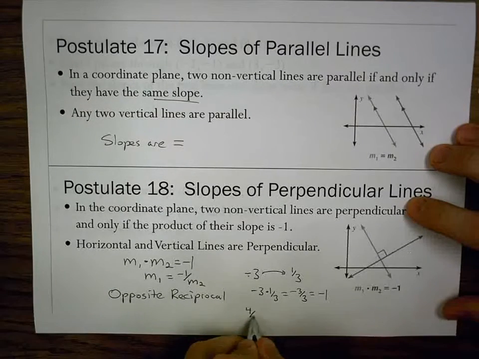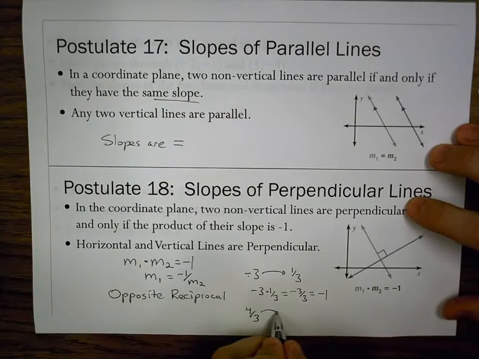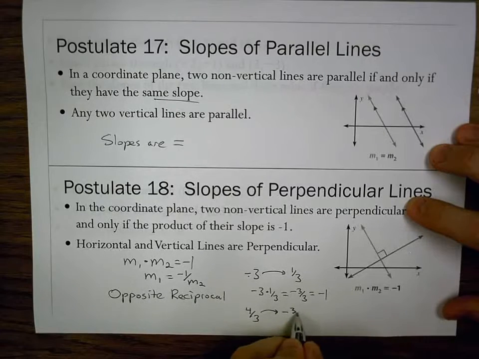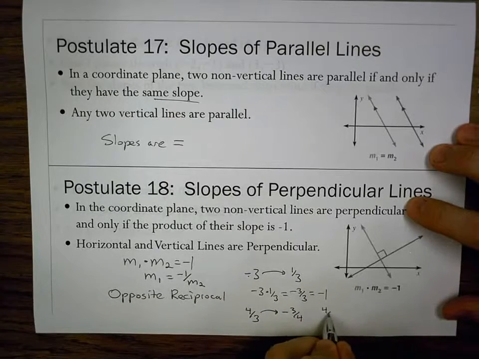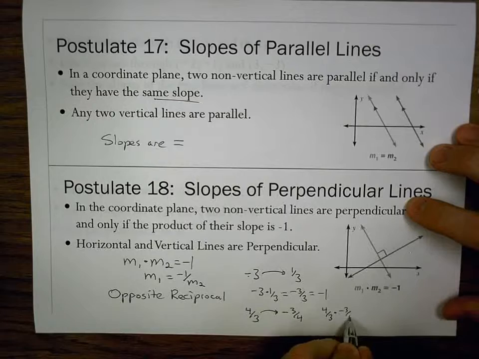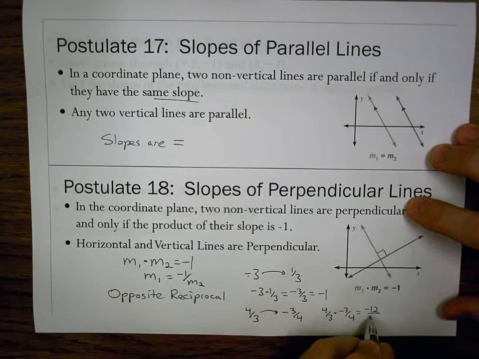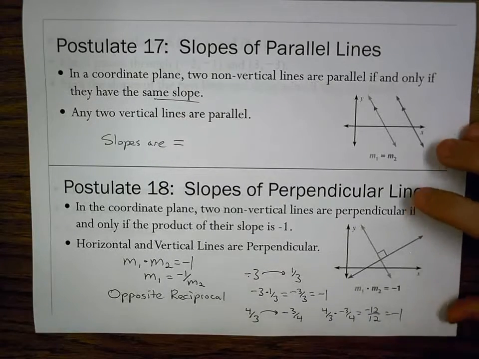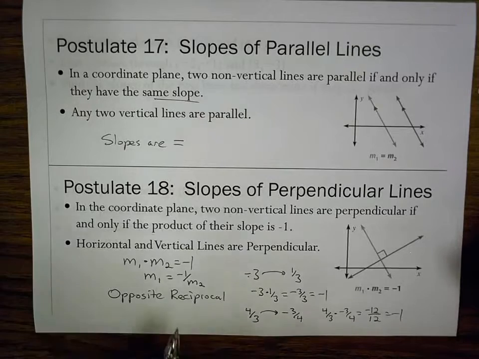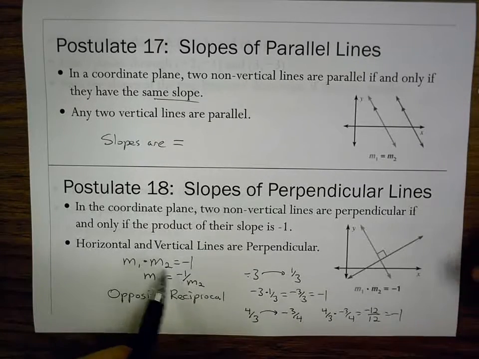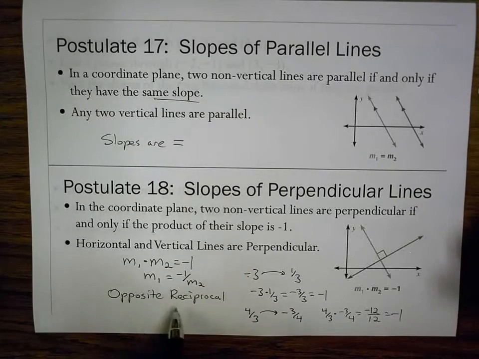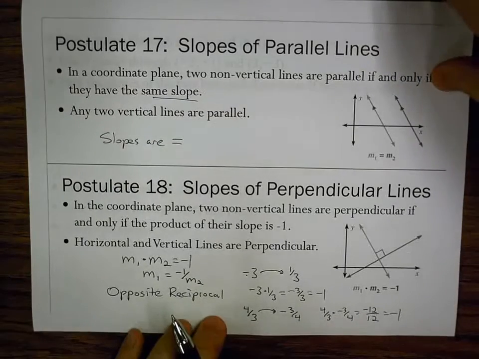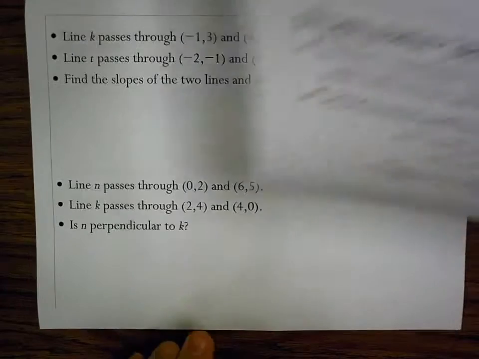If I did 4 over 3, and I did its opposite reciprocal, it'd be negative 3 over 4. If I then multiplied those two, I'd get negative 12 over 12, which is negative 1, so those would be perpendicular. So you can multiply the two, and that would be fine to see if they are negative 1, but if you kind of look for that shortcut of opposite reciprocals, it may make it a little bit easier.